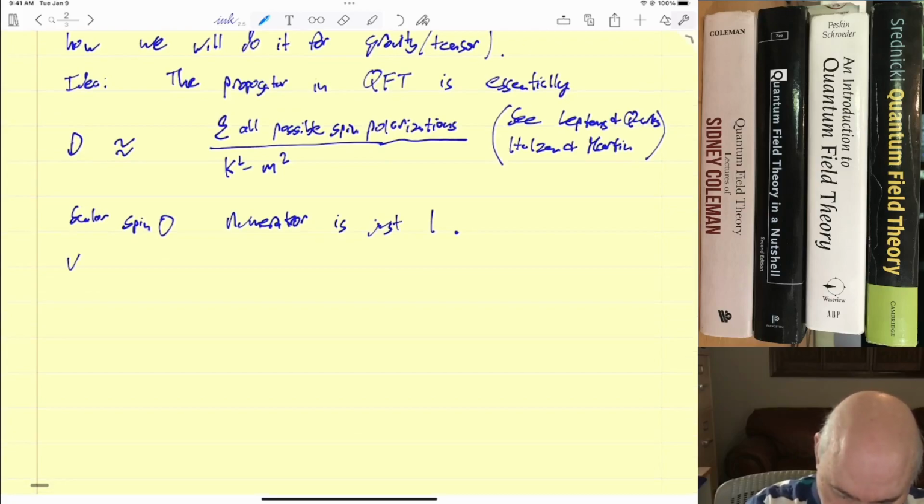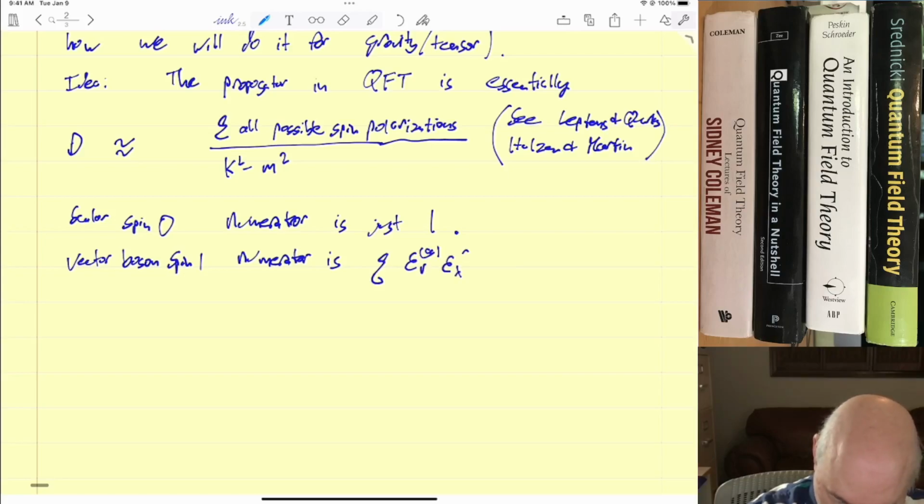For a vector boson, spin 1, the numerator is the sum over the polarizations, where A runs over three values.